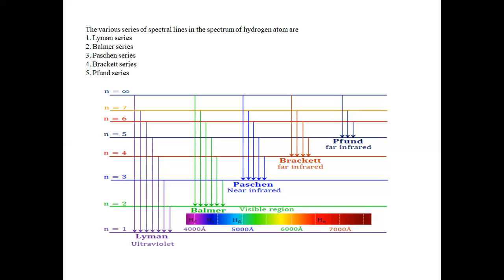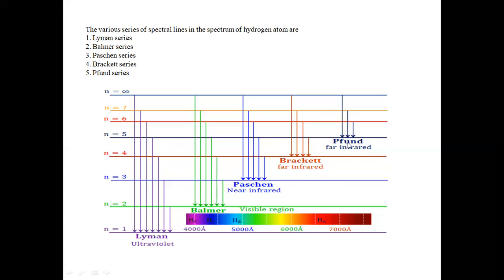And the frequencies of these spectral lines can be obtained by substituting n1 is equal to 4 and n2 is equal to 5, 6, 7, etc. in the equation nu bar is equal to RH into 1 divided by n1 square minus 1 divided by n2 square. And these spectral lines in the Brackett series are found in the infrared region, that is, in the far infrared region. We can observe these spectral lines in the far infrared region.